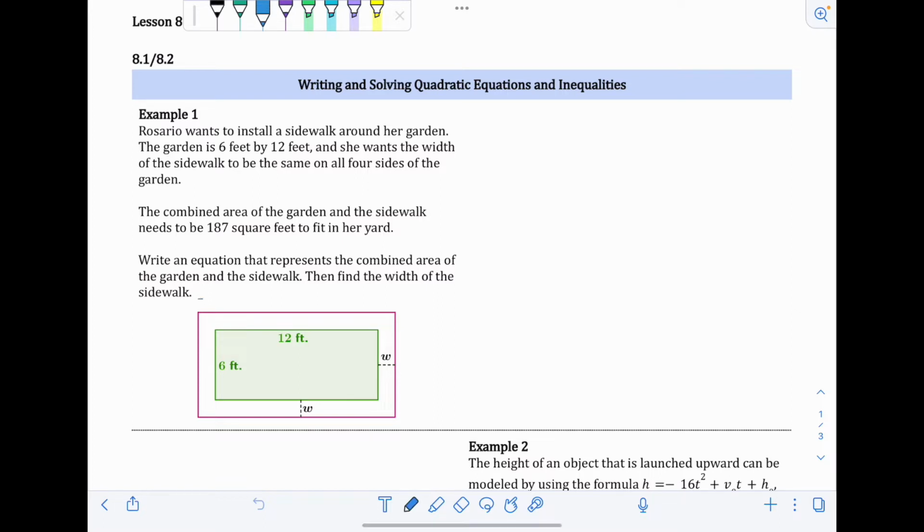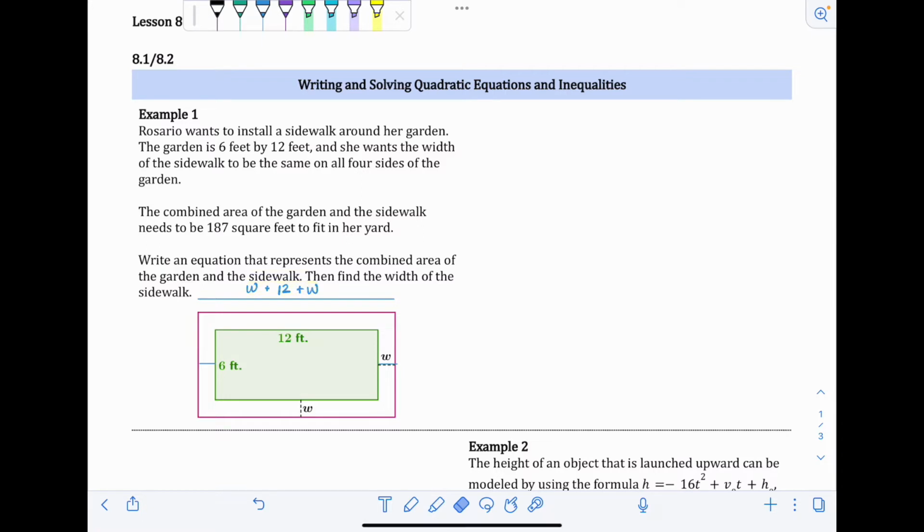So if I want to find the width of the garden, including the sidewalk, the garden itself is 12, and then for the sidewalk, we add an extra width, which is W, so plus W. And then there's also that same width on the other side, so we would add the W on the other side of the 12 as well to get the total width, or length, I guess, depending on how you're looking at it. But now we just want to get a more simplified version of that W plus 12 plus W. We can combine the two W's into 2W plus 12.